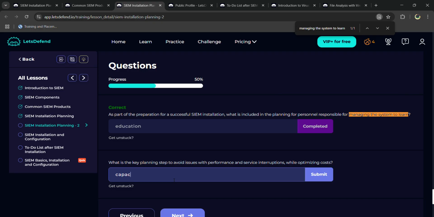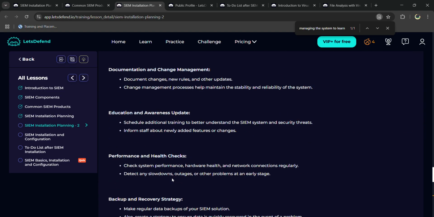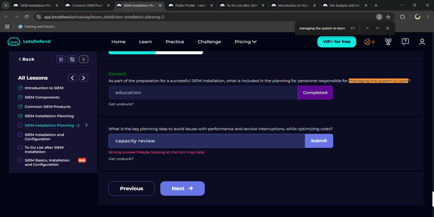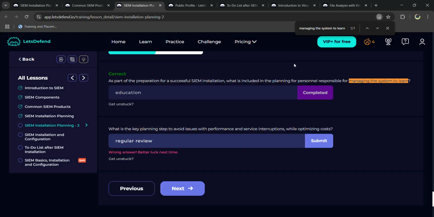Capacity review. Regular review could be the answer. No. Wait, let's use a hint. Determine data volume, maximum capacity planning, where the steps are determined.